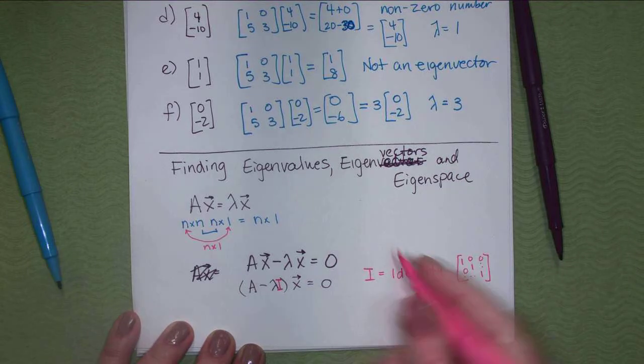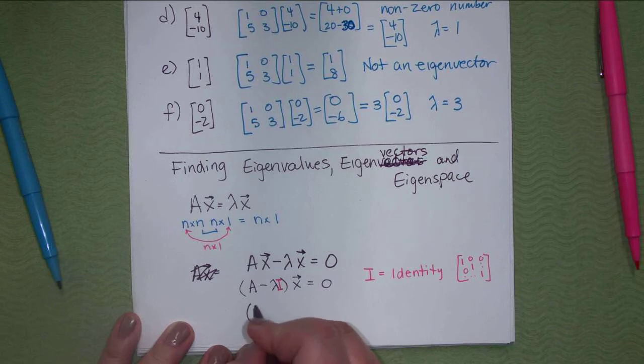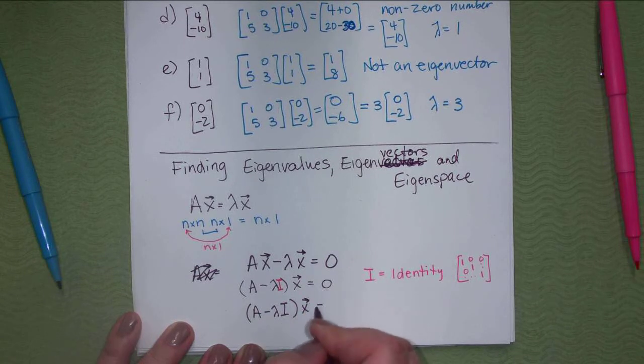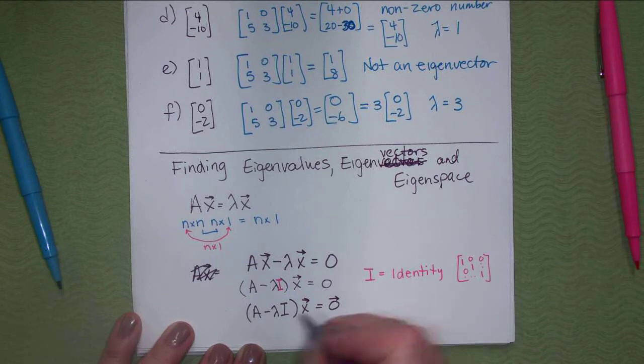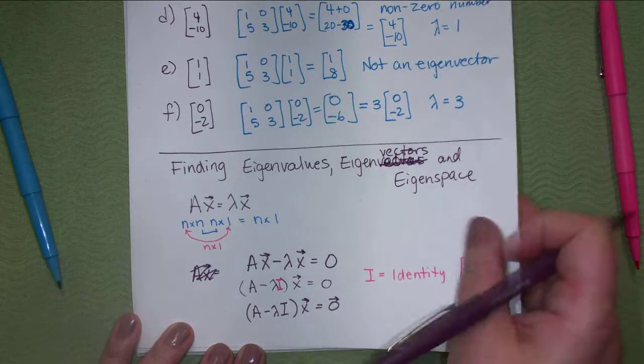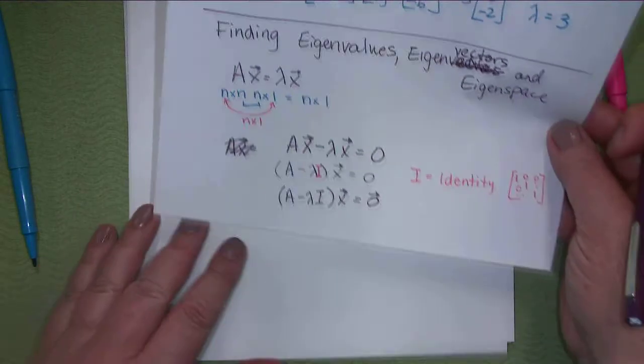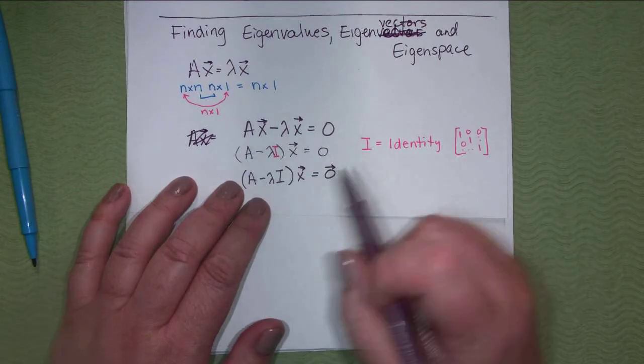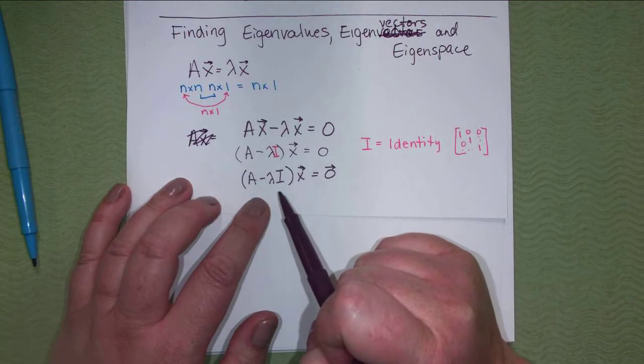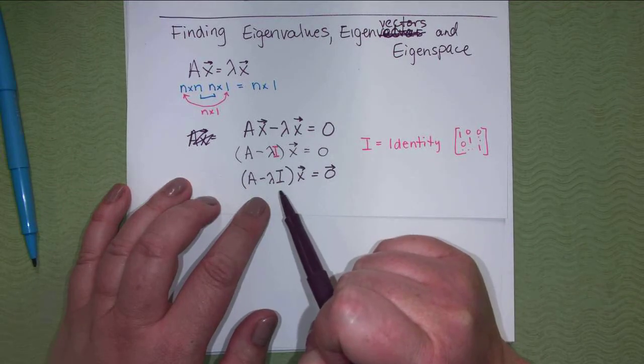So when we write this out as A minus lambda I, times x, equals 0, both sides are n by n, and it works. So we can subtract them, we can take the x out. Now why are we doing any of this? It's because we are going to try to figure out what x is.